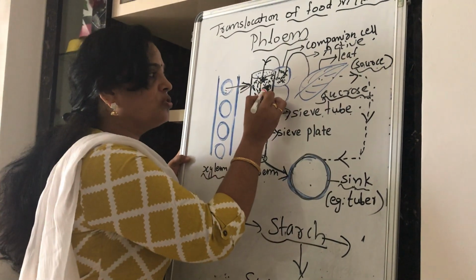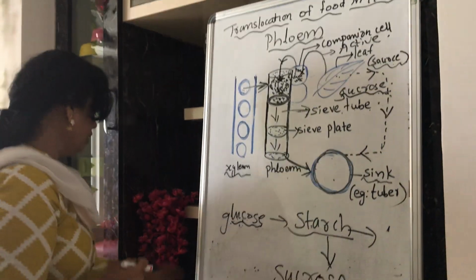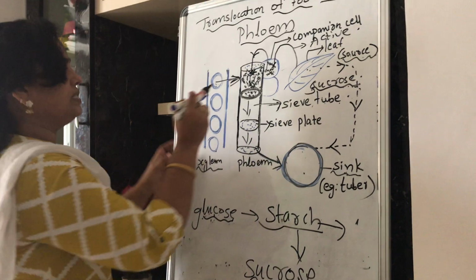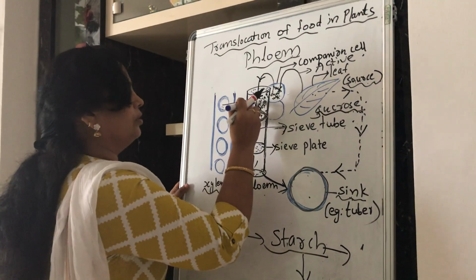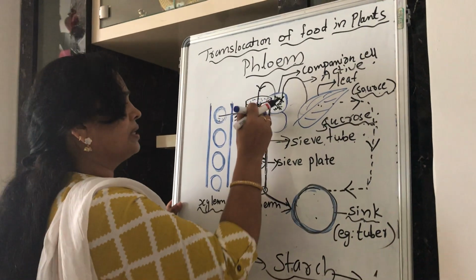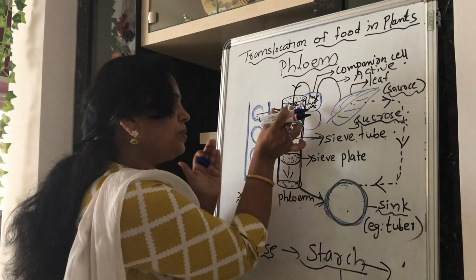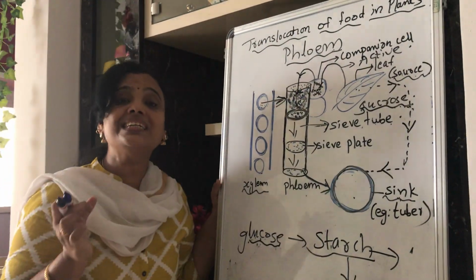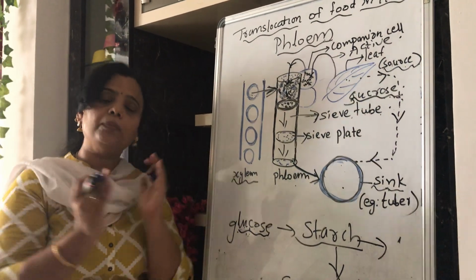So the water will move from xylem to the phloem. It will enter into the sieve tubes. Now what happened? The water molecules have entered into the sieve tubes, the blue dots. Now what will happen is, in the sieve tubes, this part, the turgor pressure will increase. You know that when water enters into the cell, it becomes turgid.